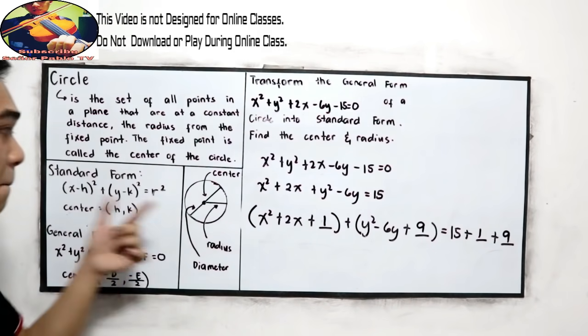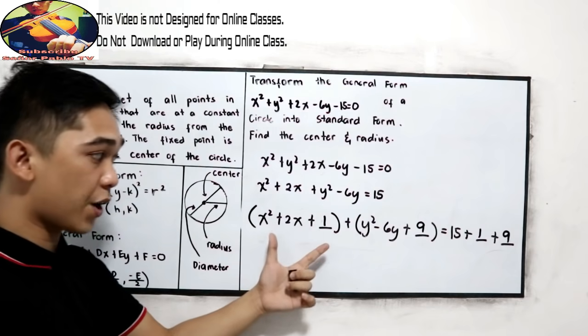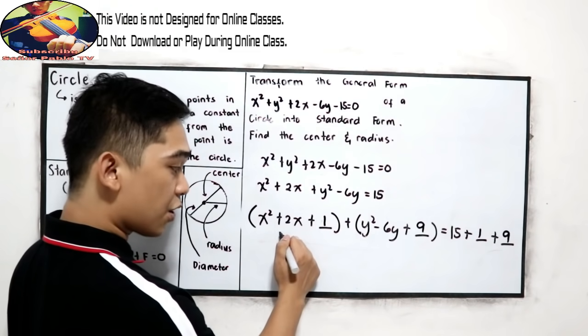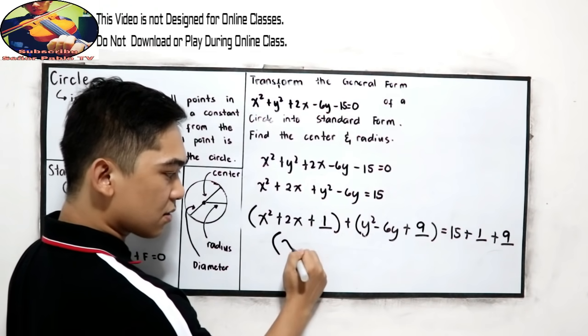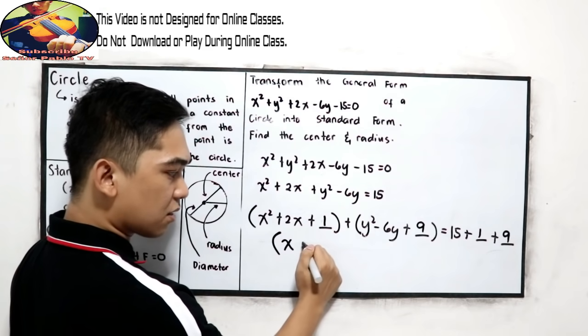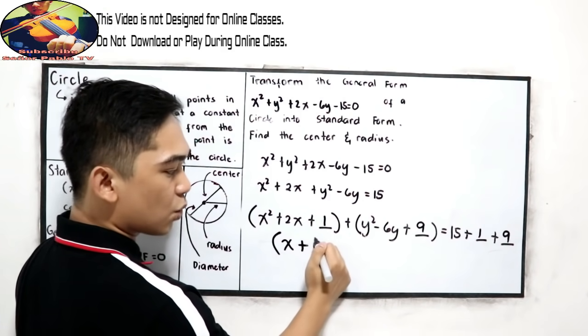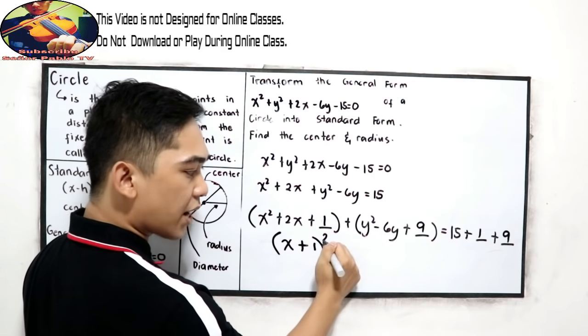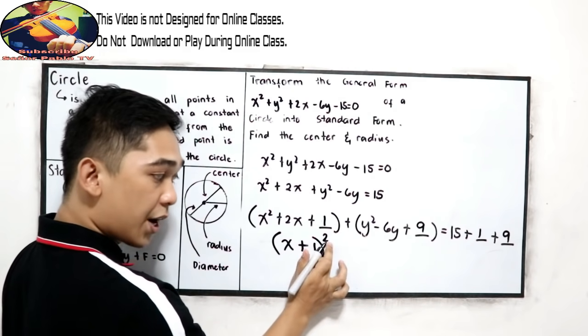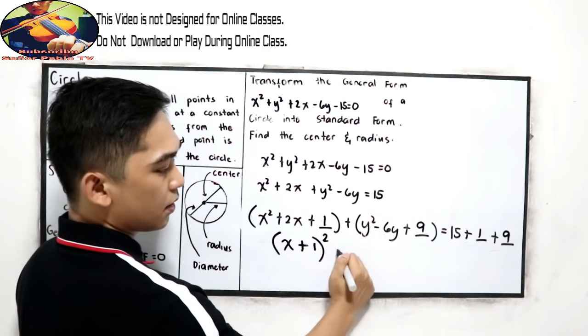Now, make our perfect square trinomial a square of a binomial. So, x, sign of the middle term, plus, square root of 1, positive 1. Then don't forget to write square. Square of a binomial.